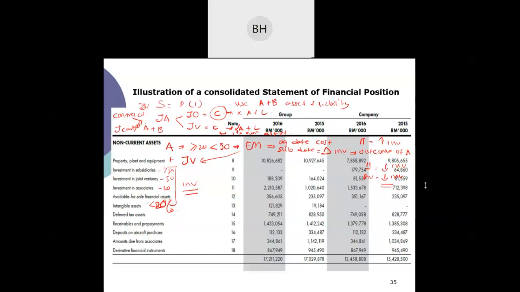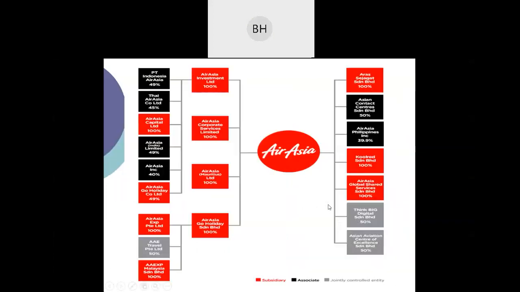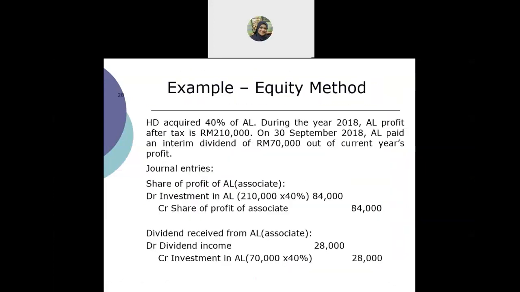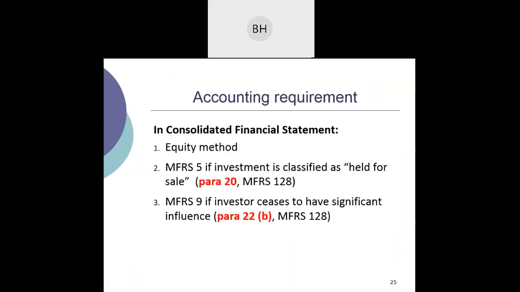At the equity method at the previous slide, page 25, 26, next slide.